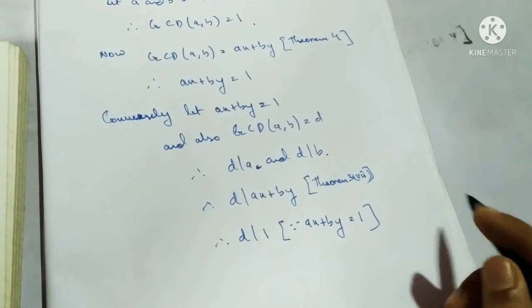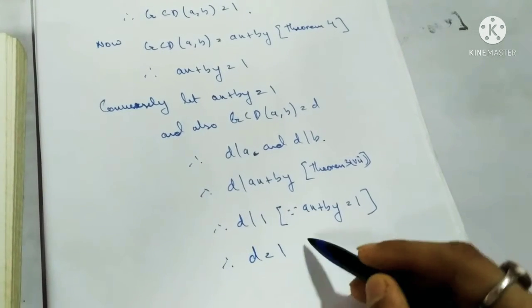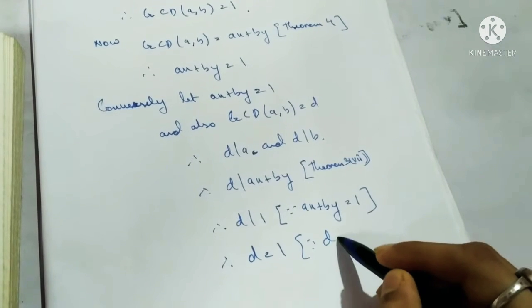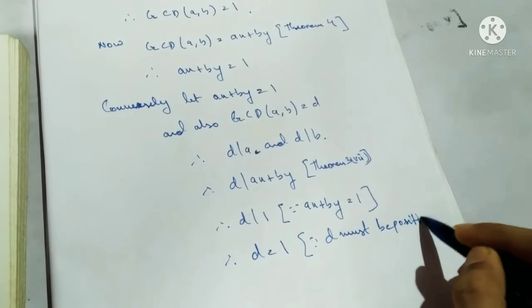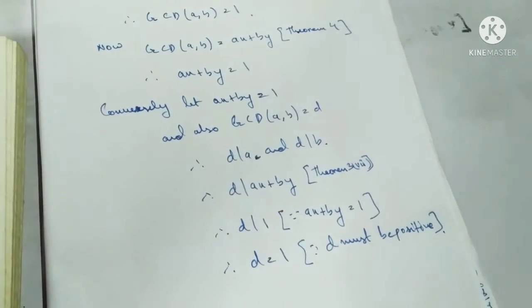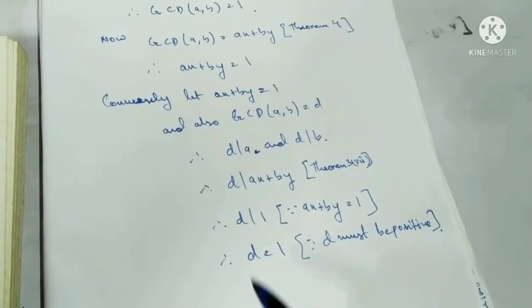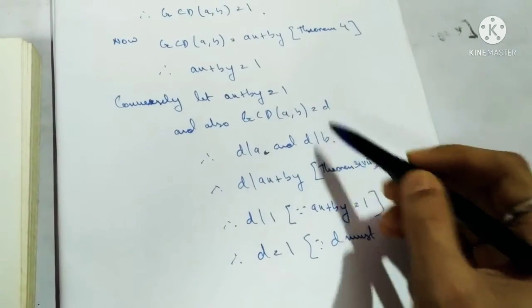So therefore D will be equal to 1, since D must be positive. D is the divisor. Divisor must be positive. So D is what? GCD of A, B, D I have taken.